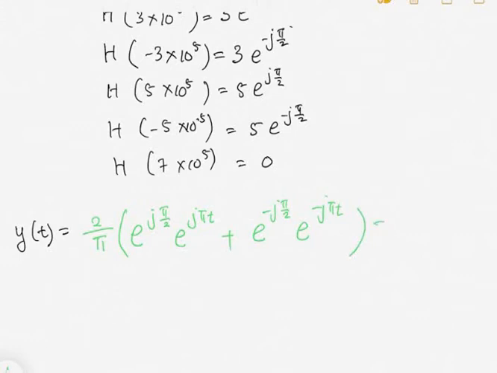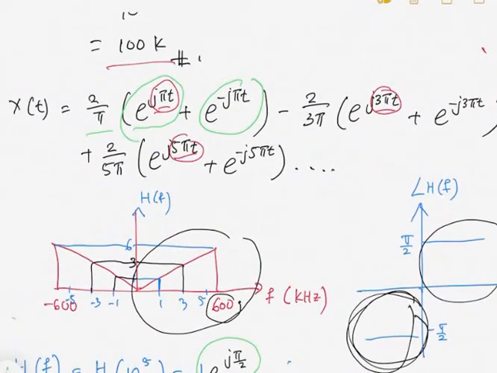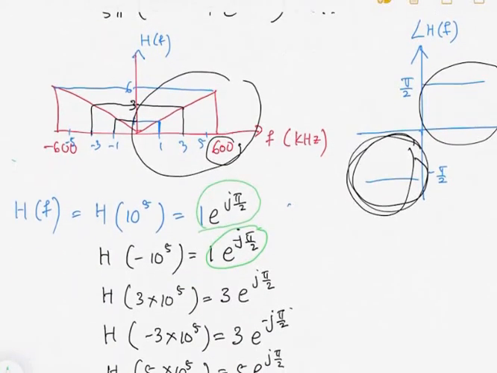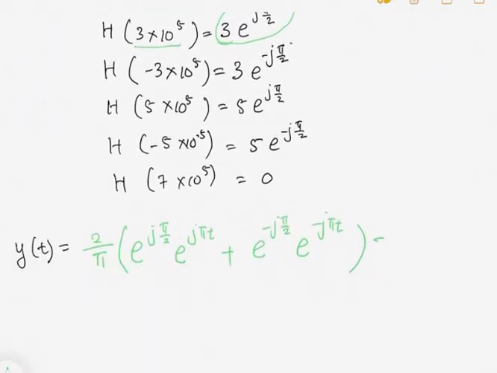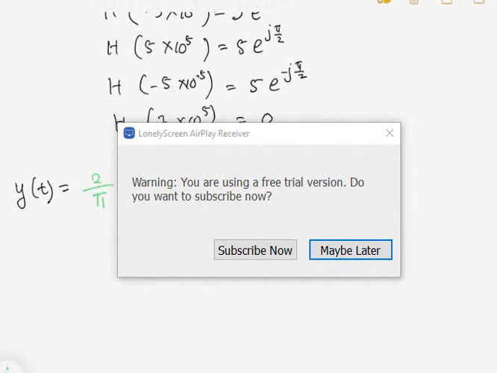so you have exponent negative j pi over 2 exponent j pi t. And then minus 2 over 3 pi, and then we have exponent j 3 pi t, and then you look at this one, you have 3 exponent j pi over 2. So I have minus 2 over 3 pi, maybe I write in second row.